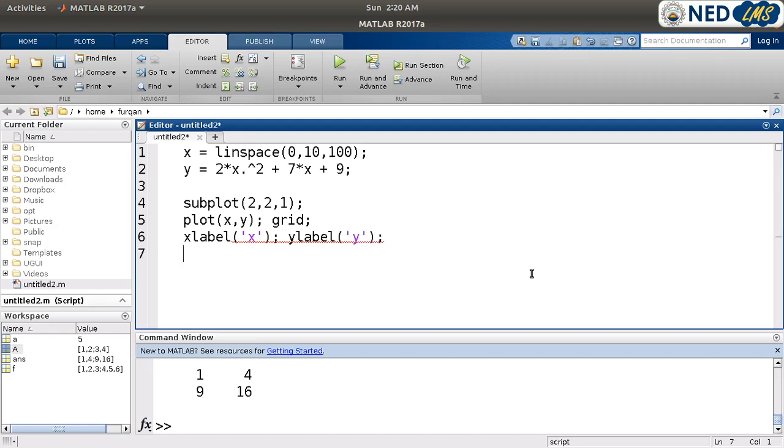So in the first of the four plots, we are plotting both x and y vectors on a linear scale on both axes.